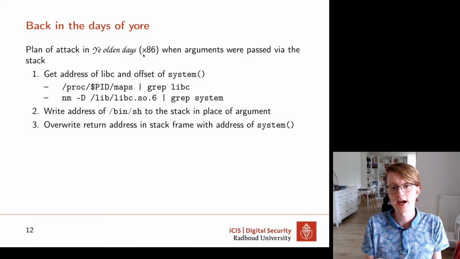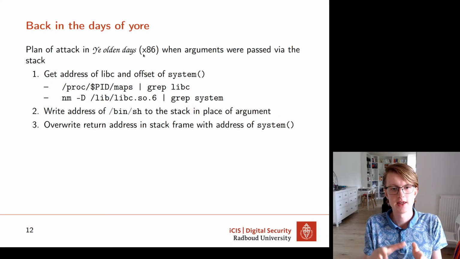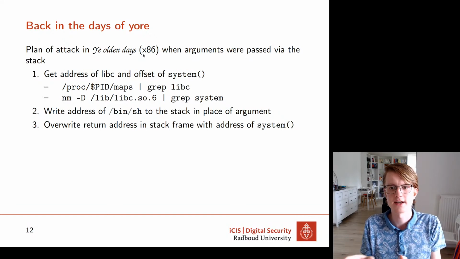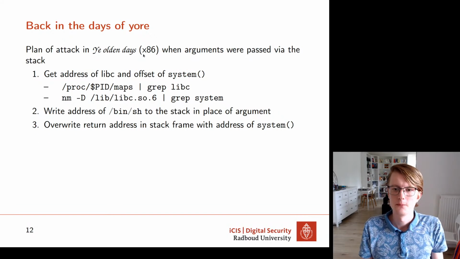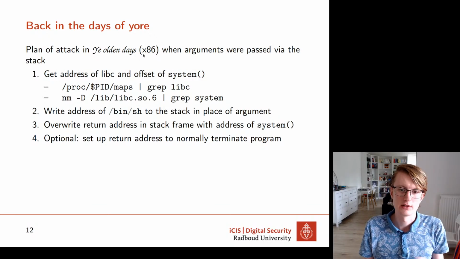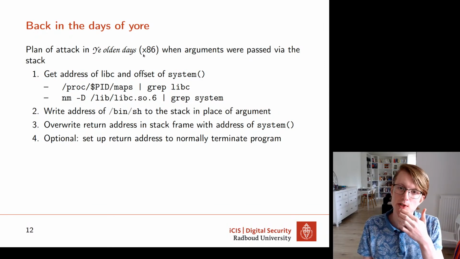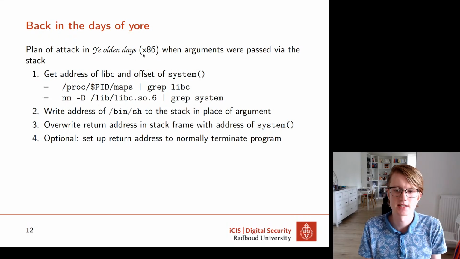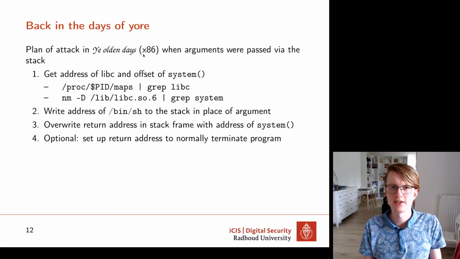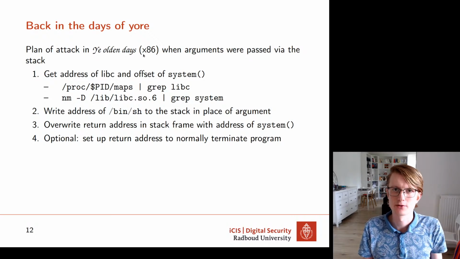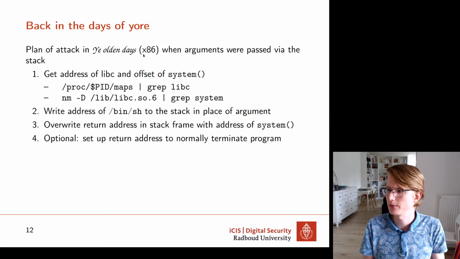So you could put the argument on the stack frame, and then you would overwrite the return address with the address of system. And then you could even set it up very nicely if you wanted it to return. You could, for example, also push another return address to make it call exit to terminate the program normally. You could do this, for example, to prevent your attack from being detected by some program that monitored if the program crashes.